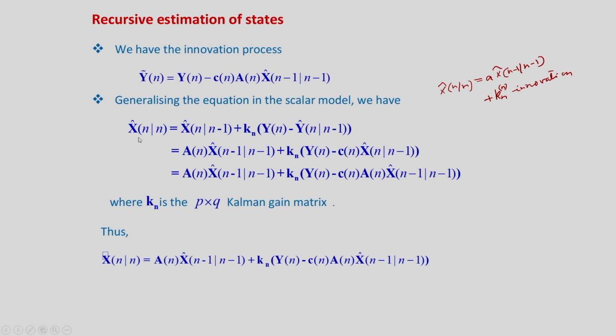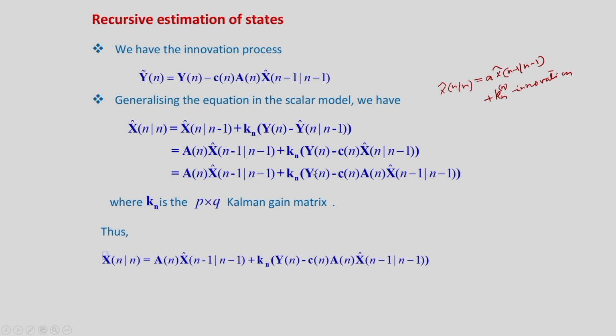Therefore, our x hat n given n will be A n into x hat n minus 1 given n minus 1 plus k n times y n minus C n into A n into x hat n minus 1 given n minus 1, where this k n is the p by q Kalman gain matrix.